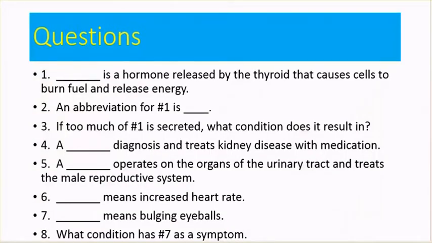Questions. Number 1. Blank is a hormone released by the thyroid that causes cells to burn fuel and release energy. Number 2, an abbreviation for number 1 is blank. Number 3, if too much of number 1 is secreted, what condition does it result in?